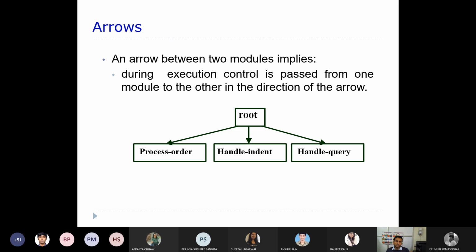So the root module is calling the process order module, and then the root module is calling handle indent, and then handle query. This is the high level module calling the lower ones, and the arrow shows how execution control moves from one module to another.